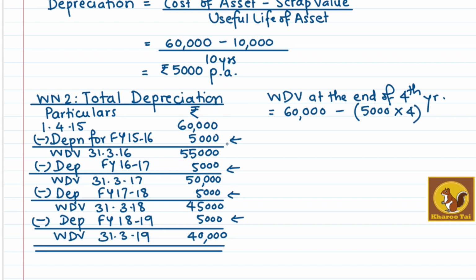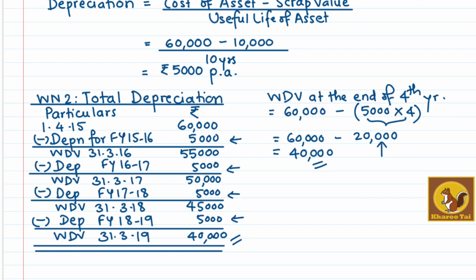For 4 years the depreciation amount is the same. So 5,000 for 4 years, this will be the total depreciation amount, 60,000 minus 20,000, and the WDV at the end of the 4th year will be 40,000. So you can do this working only for the straight line method and when the depreciation amount is the same every year.